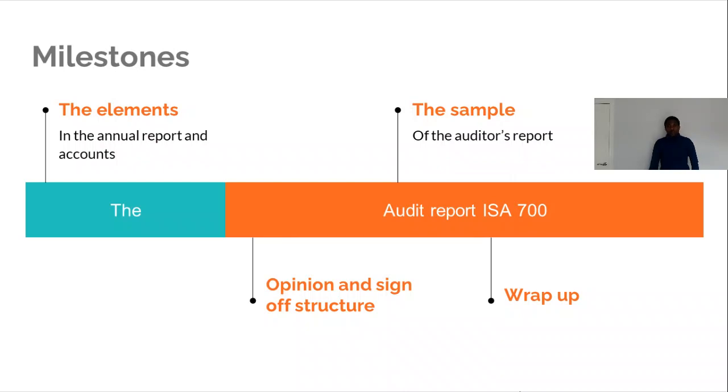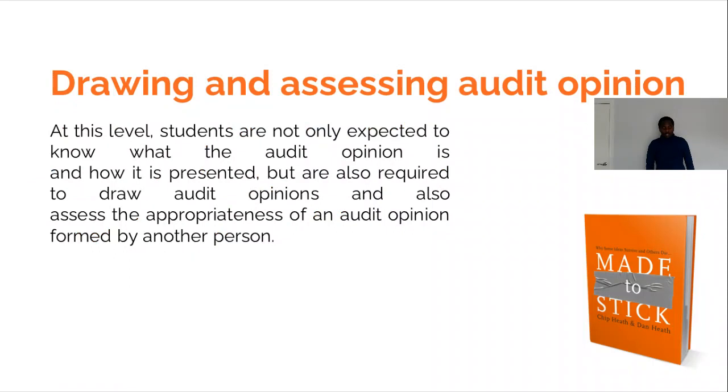The video is already here. So, in moving on now, let us look at the audit reports, the opinion and other elements, especially the expectation of the institute towards us.